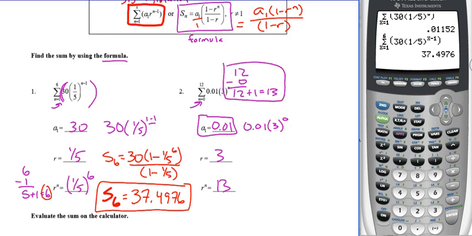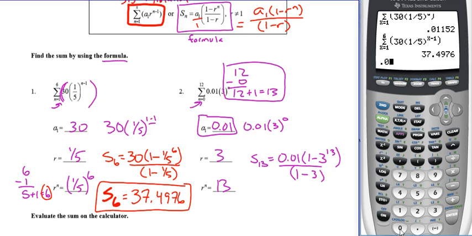All right, so how are we going to set this up? The sum of the 13 terms is equal to, starting at 0.01 multiplied by 1 minus r to the 13th divided by 1 minus, sorry, you don't want to keep the r there. If you're doing the formula, you want to do 1 minus 3 to the 13th divided by 1 minus 3. So come over here.